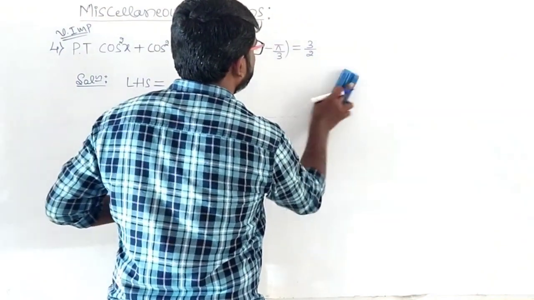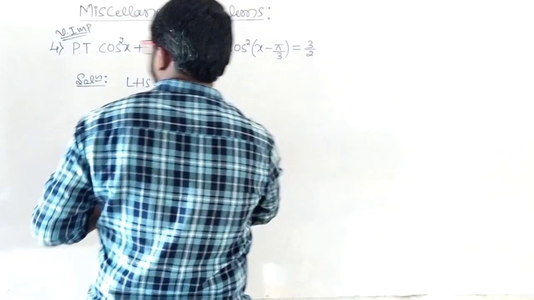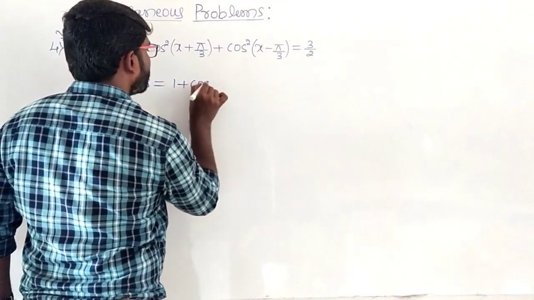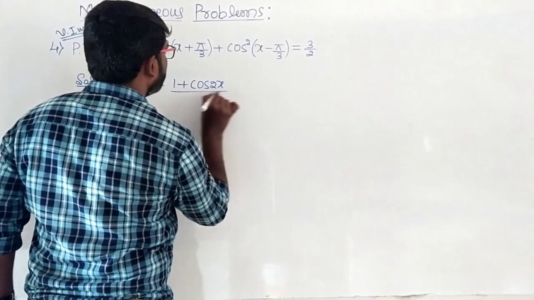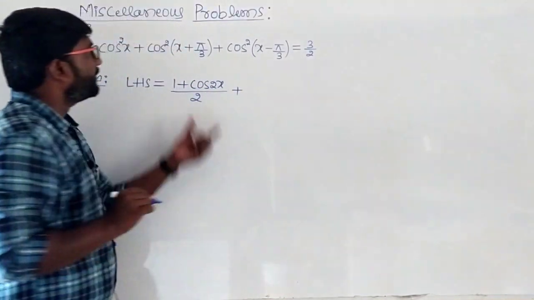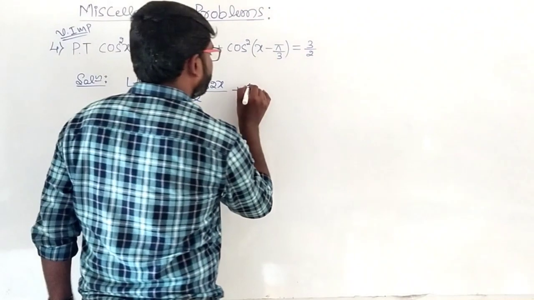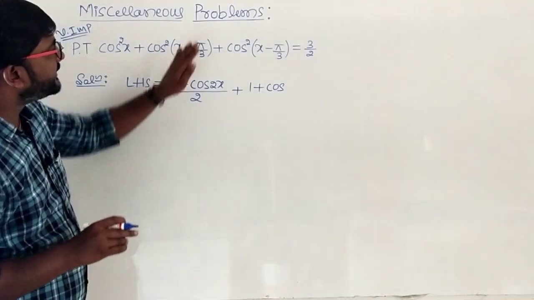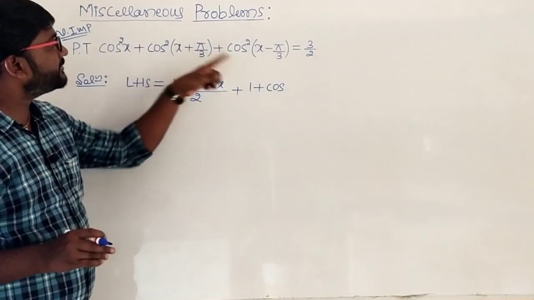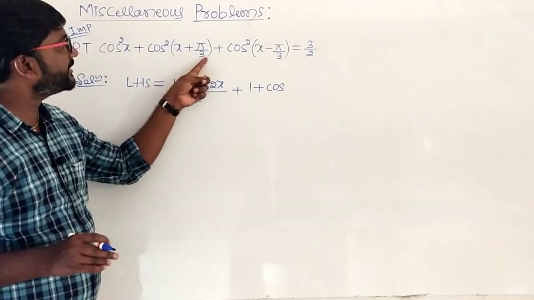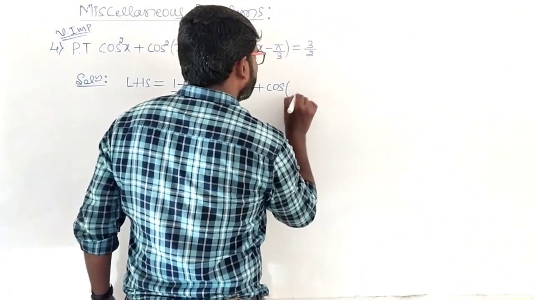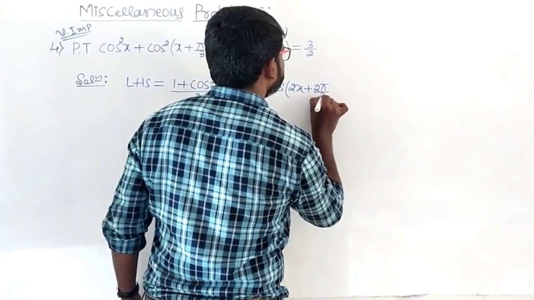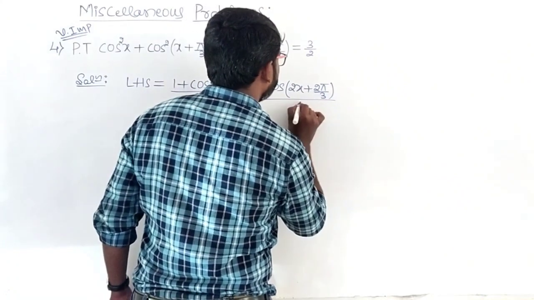Let us rewrite the left hand side. I write cos square x as 1 plus cos 2x by 2, then plus, again it is in the form of cos square x, so we can write 1 plus cos 2 times x, where x is going to be x plus pi by 3. 2 times x means 2 will be multiplied with the first term as well as with the second term. We get cos of 2x plus 2 pi by 3, then whole divided by 2.